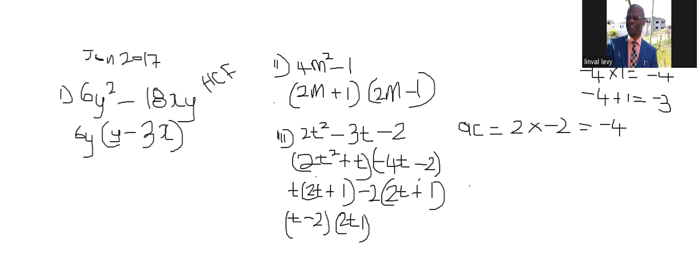Then we are going to find the two numbers such that when we multiply them together, it gives us whatever a times c is, and when we add them, it gives us b. All right. So remember, you add them to get b, and multiply them to get a times c.